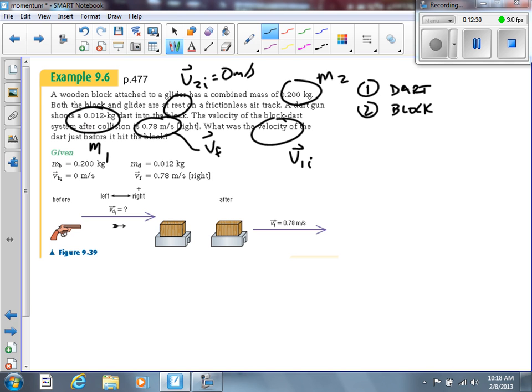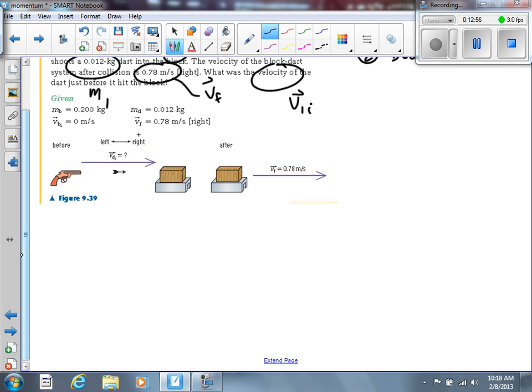It tells me the velocity of the block-dart combination or system after the collision is 0.78. Let's just call it VF. If it was one or the other, we'd call it V1F or V2F, but it's not. It's both of them combined. If you want to call it V12F to remind us that it's both of them combined, then go ahead and do that. I'm going to just choose to call it VF, though.